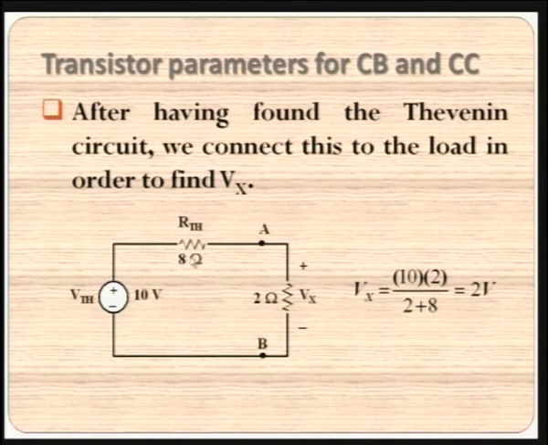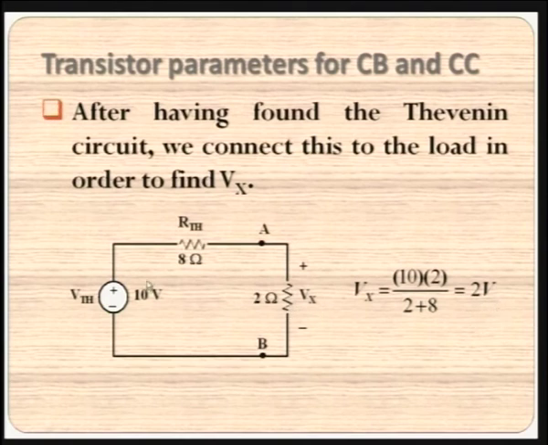First, this is again a voltage divider circuit. The 10 volt is divided across the RTH and the 2 ohm resistor. So we need to find the potential drop across the 2 ohm resistor. It is done here. This formula is also quite familiar. It is a voltage divider equation. So we find the voltage drop across the 2 terminals AB, with the 2 ohm resistor at the output side, as 2 volt.